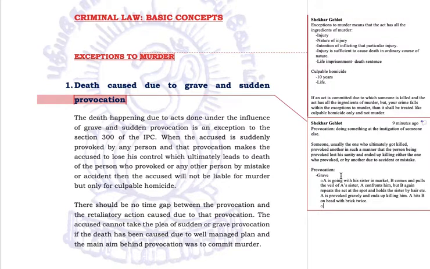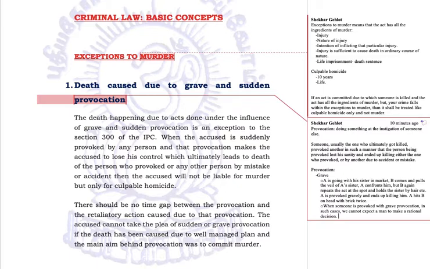But law says when someone is provoked with grave provocation, in such cases we cannot expect a man to make a rational decision at the spot. Because the mind loses its control, the body takes over, and a person ends up doing something.